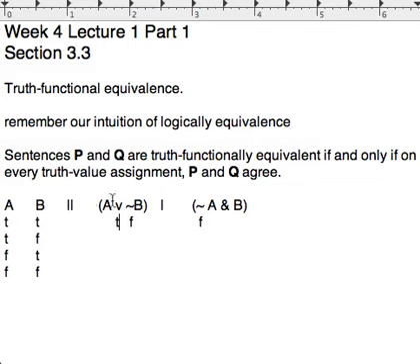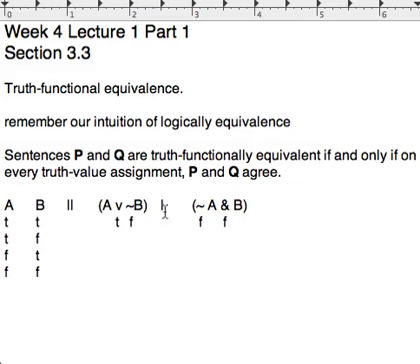Okay, so the sentence A or not B is true on this truth value assignment. And let's go over here and we'll finish this one. Remember, with conjunction, we said that both of the conjuncts need to be true. So here, since not A is false, we would have to assign false to this.